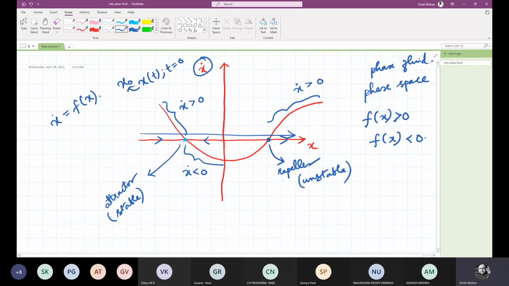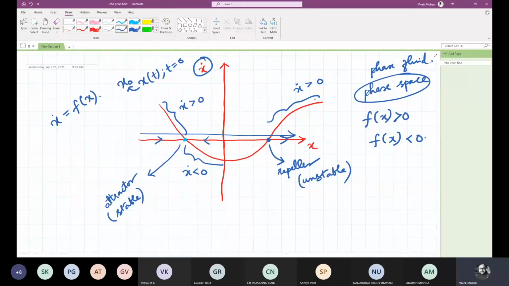So from any arbitrary initial condition x naught, we place the imaginary particle on the phase space, and the phase point moves. We'll watch how it is carried along by the flow through the real axis.